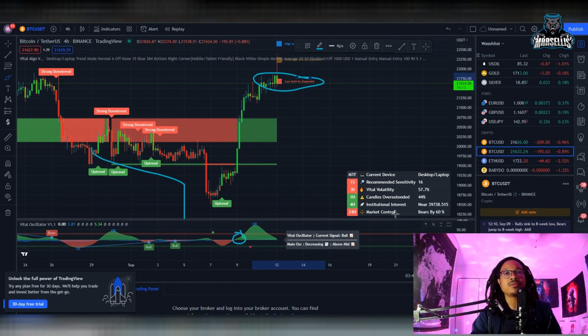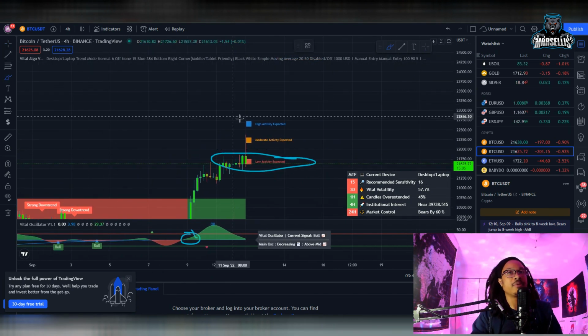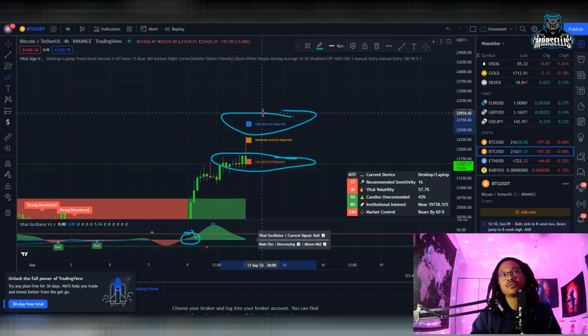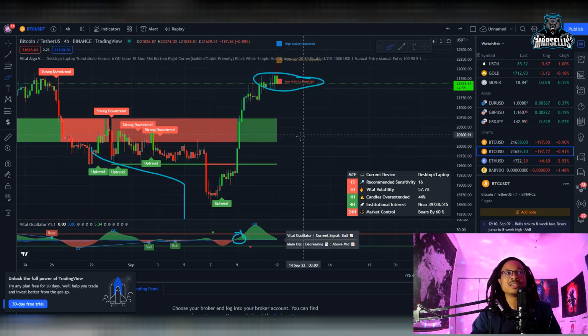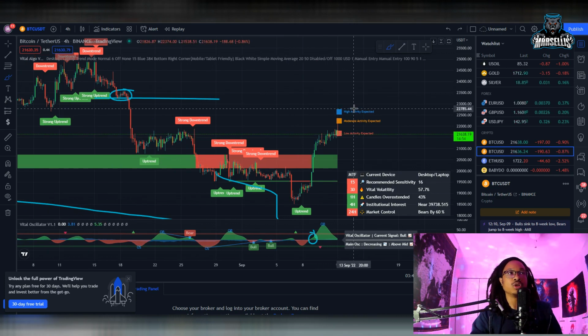So if there's low activity around the area that we're at now, we have to look at the area we really have to get up to, which is all the way up here. There's a high activity area for institutional investors once Bitcoin passes 22.6K. So if Bitcoin passes 22.6K, institutional investors are more likely to buy it.